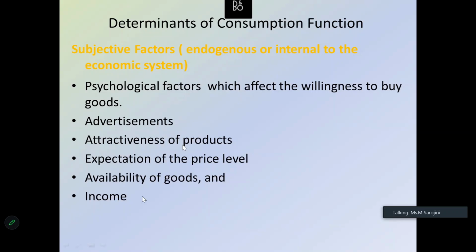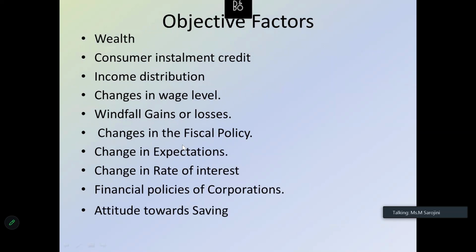The next one is the objective factors. The objective factors are the wealth, consumer installment credit. Installment credit means, before the COVID, the financial institutions came forward to lease vehicles on an installment basis.